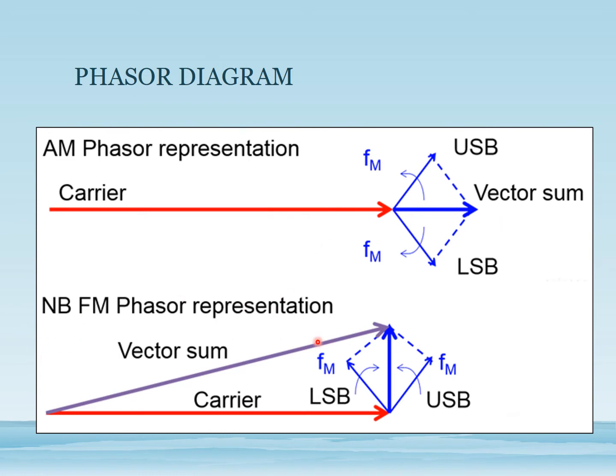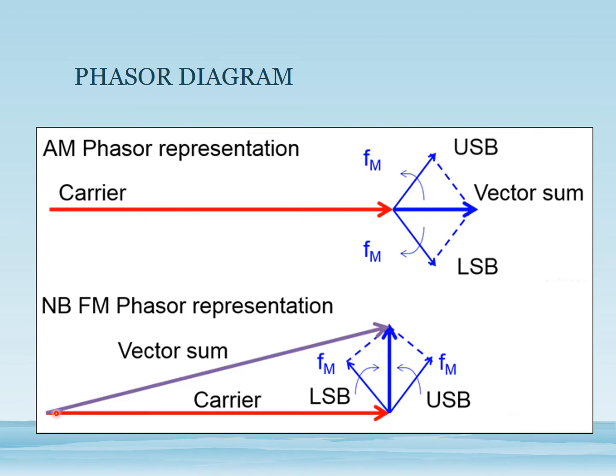Whereas in the case of PM and FM signals, you can see this is the carrier frequency, and depending upon the beta value, beta less than 1 or greater than 1, you are going to have either a narrowband or a wideband signal. The lower sideband frequency and upper sideband frequency lie like this, and if you project these two to form a square over here, you will have a vertical line projected.